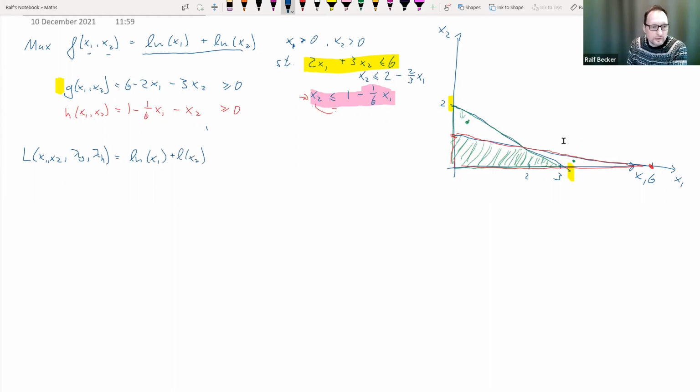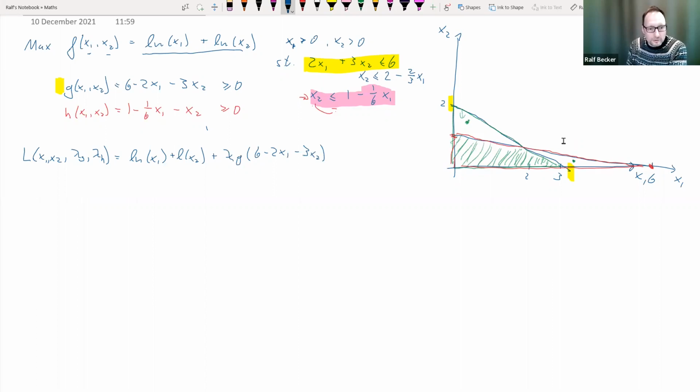So if we only had constraint g, it would look like lambda subscript g times the constraint, which is 6 minus 2x1 minus 3x2.